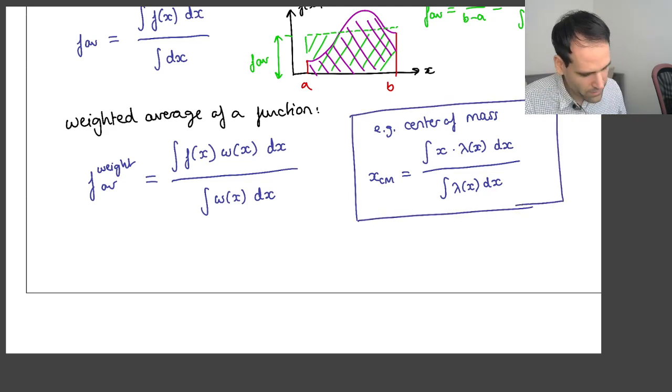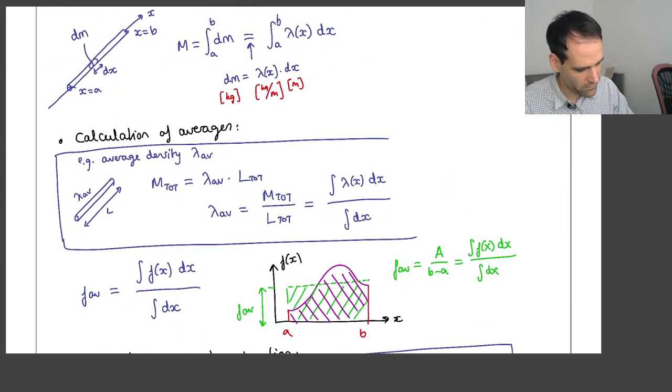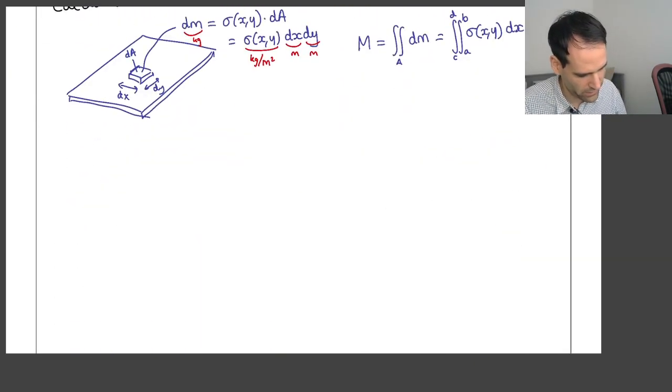And of course, the same that we can do all of this in one dimension with one-dimensional integrals, we can also do it with two-dimensional integrals.